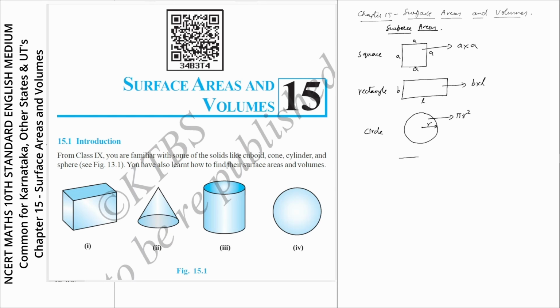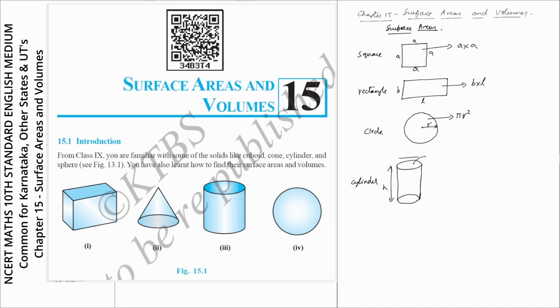So the cylinder is like this. On the top there is a circle, and at the bottom also there is a circle like this. Let us say h is the height of the cylinder. Now what is the area of the top surface?